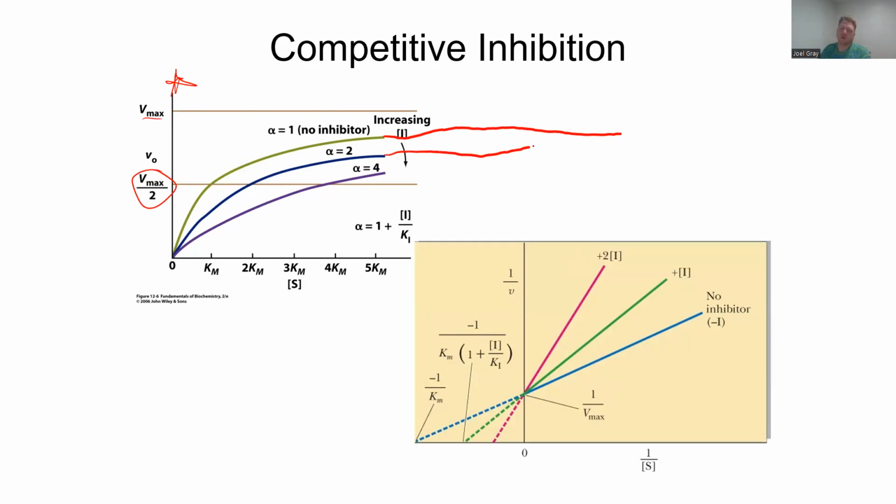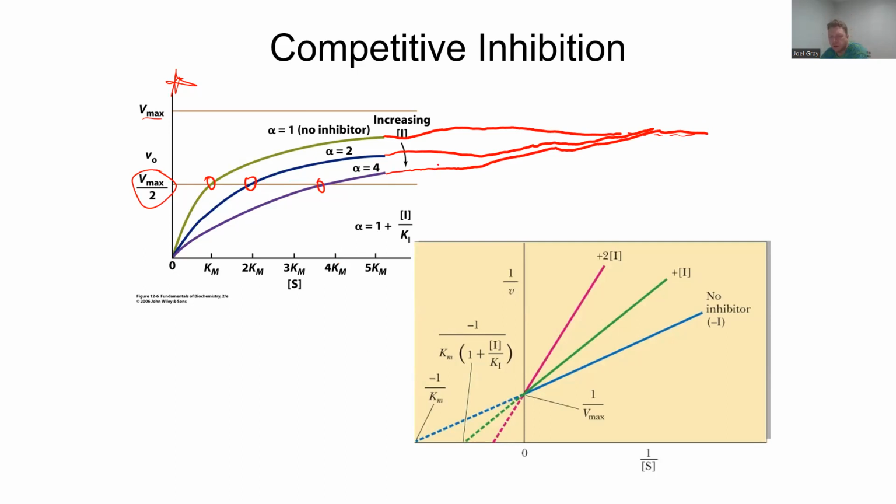This curve is going to continue going up and will ultimately reach the exact same as our no inhibitor present. And then this last one is going to continue rising and will ultimately meet up with that first line. So our Vmax does not change with a competitive inhibitor, but our Km does. As you can see, our Km here, here, and here. Our Km goes up with a competitive inhibitor.